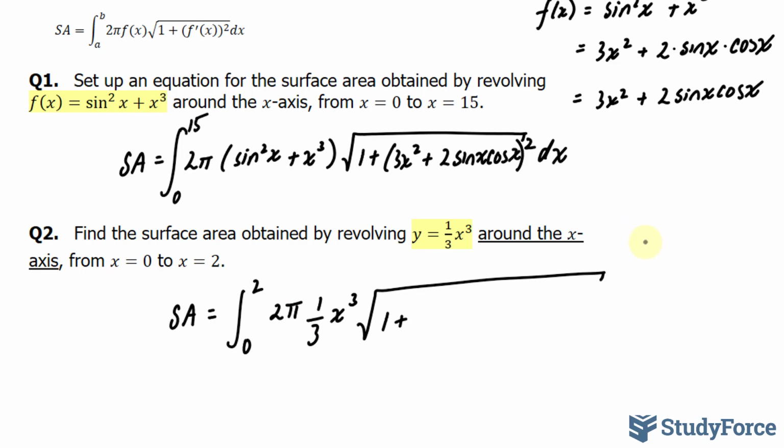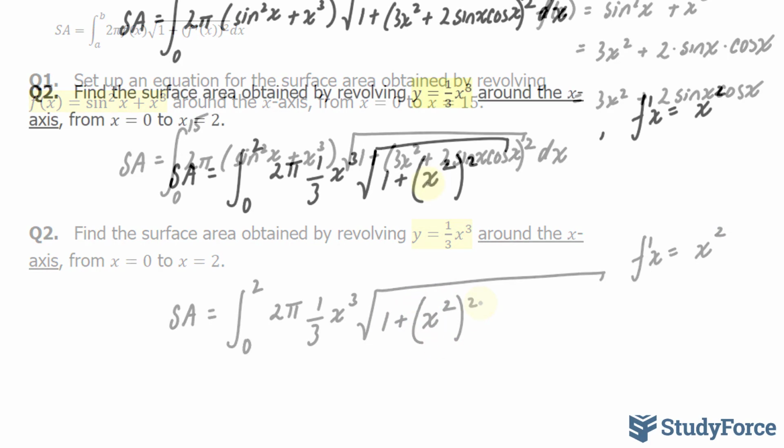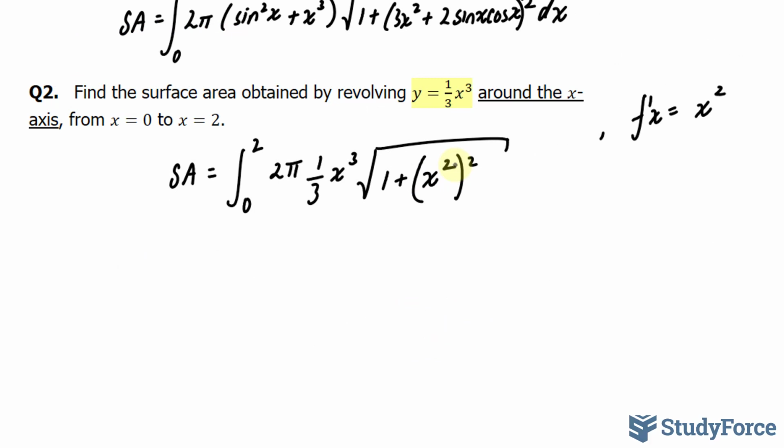and let's find the derivative of 1 over 3 x to the power of 3. We'll do that right here. F prime of x is equal to, we'll use the power rule, so we'll bring this 3 and multiply it to the third. That gives us 1 x to the power of 2. So all we do is say 1 plus x to the power of 2, and remember this is being squared. X to the power of 2 to the power of 2 is x to the power of 4 dx.